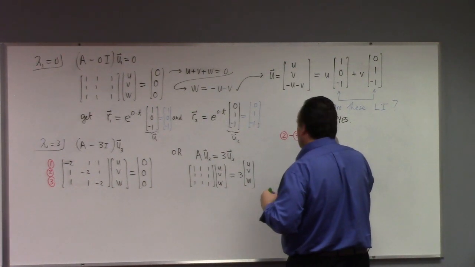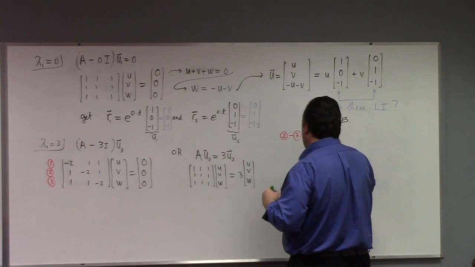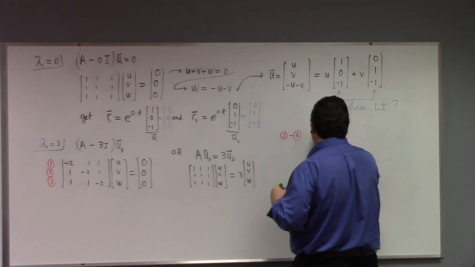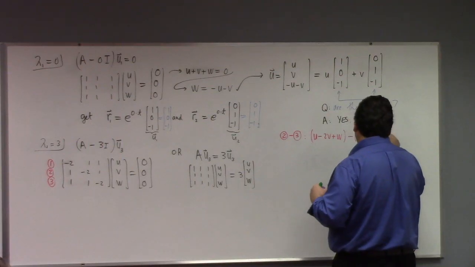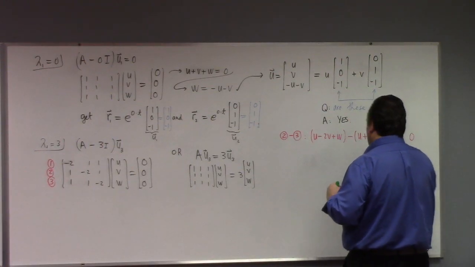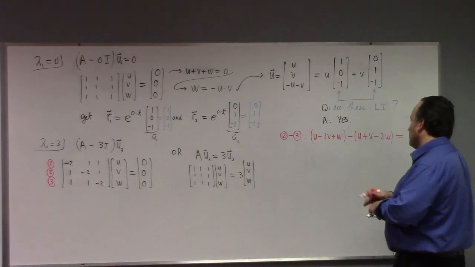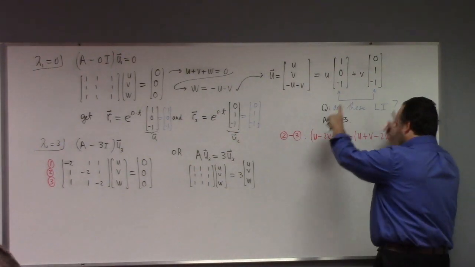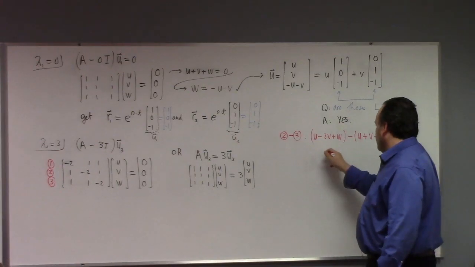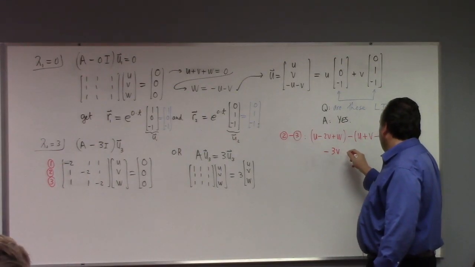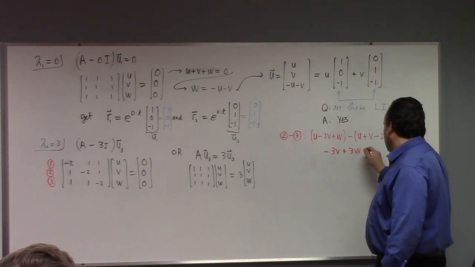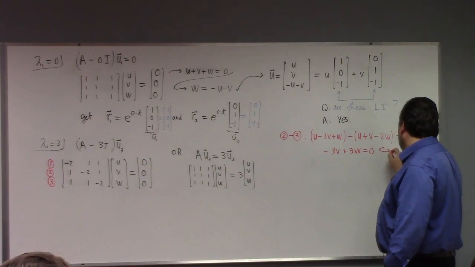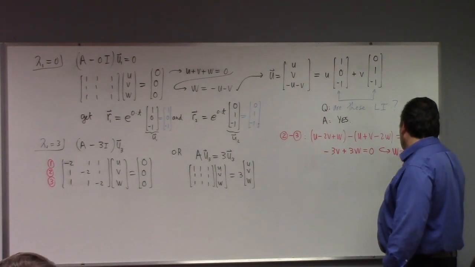In other words, we take u minus 2v plus w, minus u plus v minus 2w equals 0. That gives me what? The u's cancel. We get minus 3v plus 3w is equal to 0. So apparently, we could put w equals v.